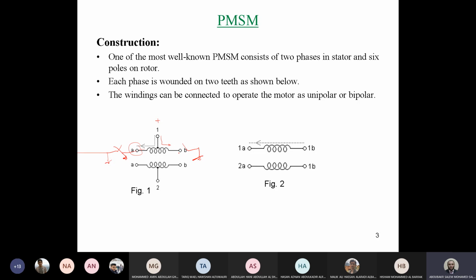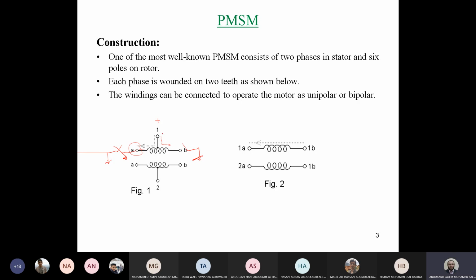This makes the polarity of all poles in this configuration north only. So the energized one will be north only, north at the end of the pole.